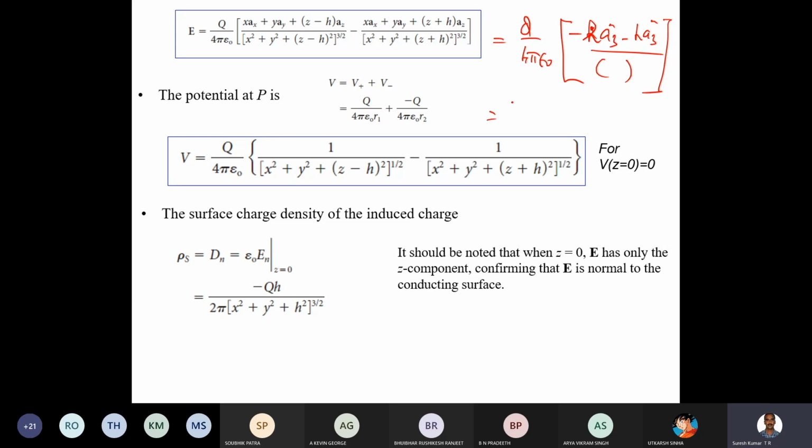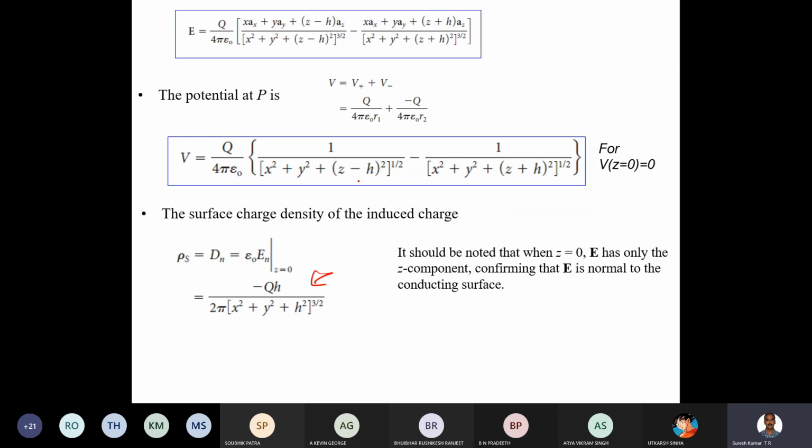So this will be Q 2h upon 4 pi in the denominator term. So this 2, 4 will get cancelled. You will get minus Q h multiplied by a_z over 2 pi. Sorry, epsilon naught will not come, right? Because we are calculating the D, so the epsilon term will not be there. Then the denominator term. That's all.